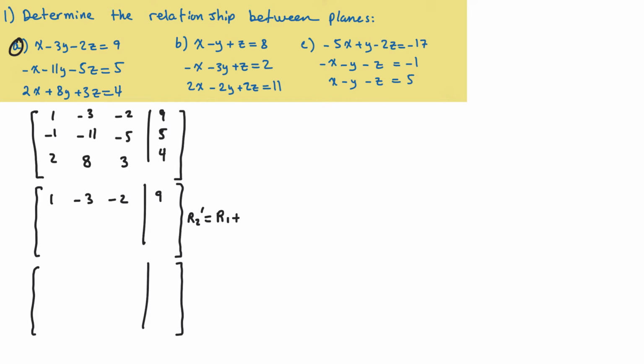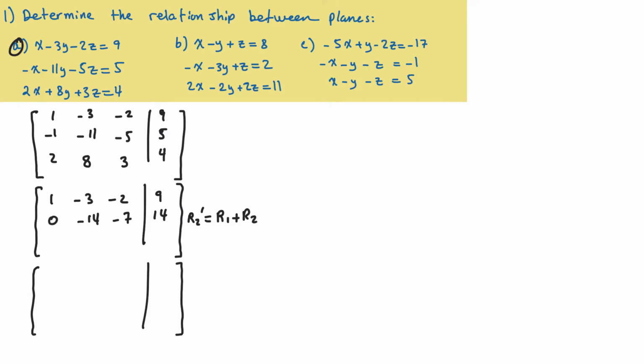So that's row 1 plus row 2. I'll just read them out. 1 plus -1 is 0. -3 plus -11 is -14. -2 plus -5 is -7. And 9 plus 5 is 14.